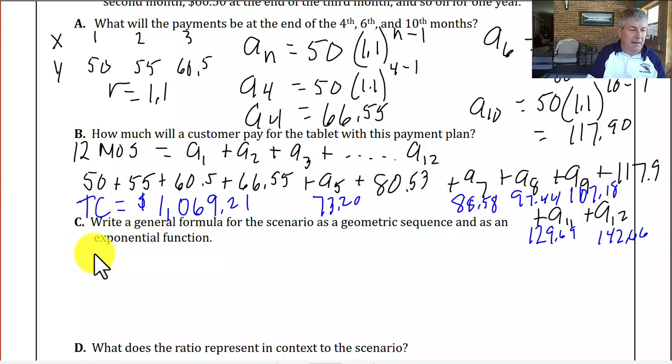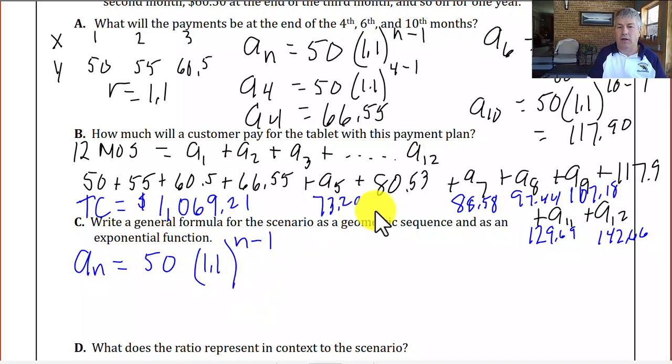So as I just mentioned, our general formula then would be a sub n equals 50 times 1.1 raised to the n minus 1. So that's the formula I use to find all those other values.